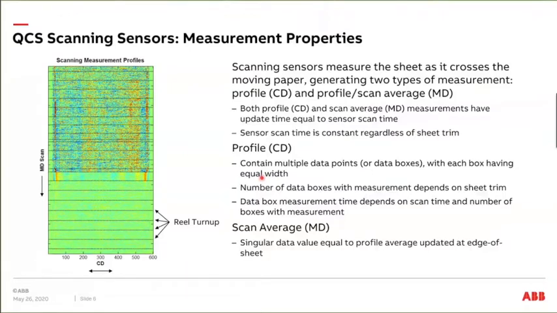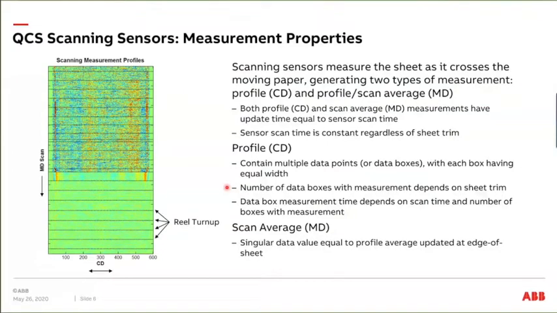You may have a system with more data boxes based on the type of profiling being done, say for a cross direction actuator like a dilution profiler. You might have 1200 or 900 data boxes, but it's important to know that the number of data boxes will influence the cross direction component of this VPA analysis.